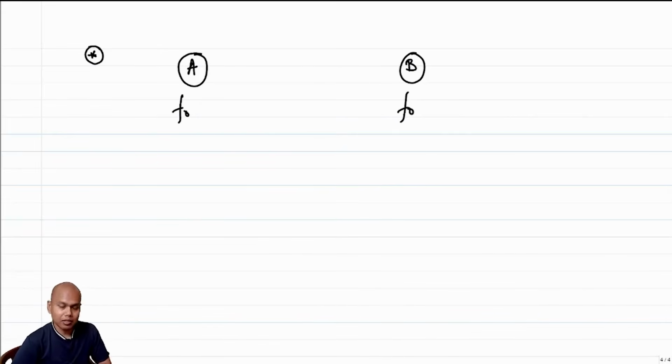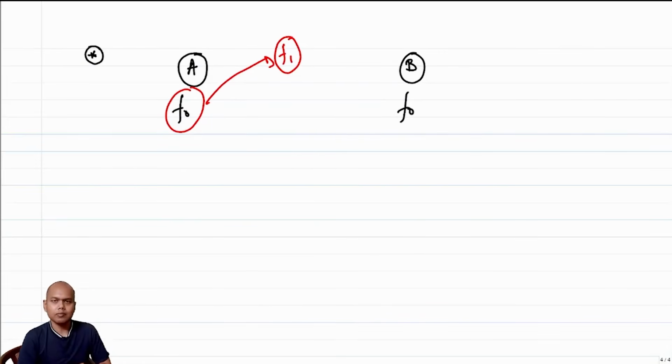But is it possible that I can transform this frequency f naught to, let's say, f1, and then send this f1 to the receiver, in this case that is B, and tell B to look out for that frequency f1? If something is coming from f1, it is coming from A, right?